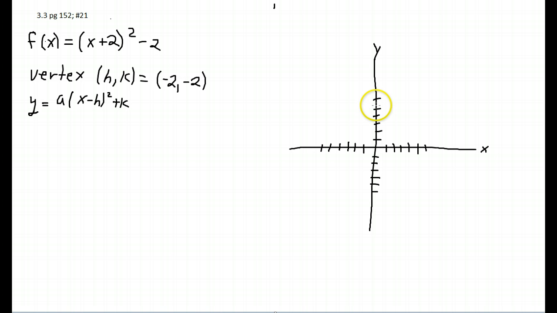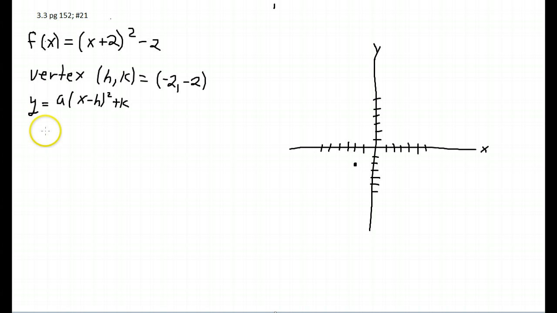Alright, we put a few marks on there. Now, our point, negative 2, negative 2. So we go left to negative 2, down to negative 2, put a dot. That is our vertex. Now, because a is positive 1, our graph will open up.